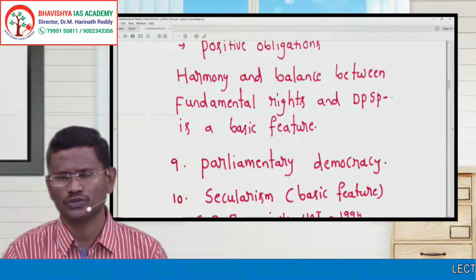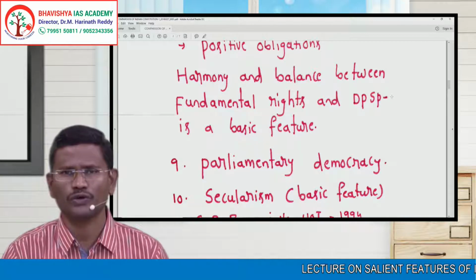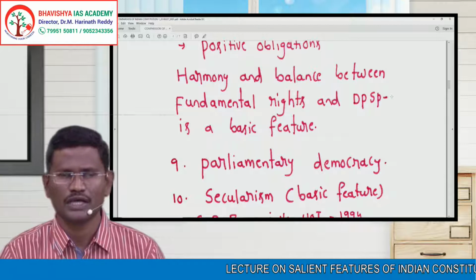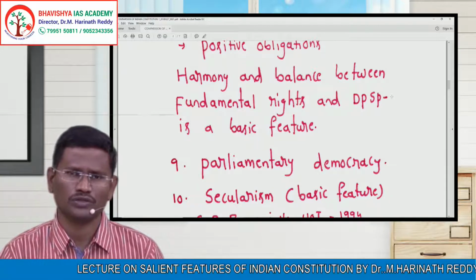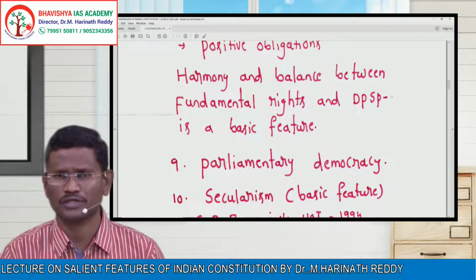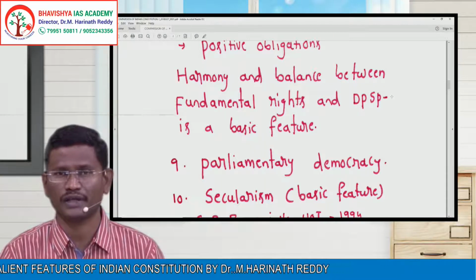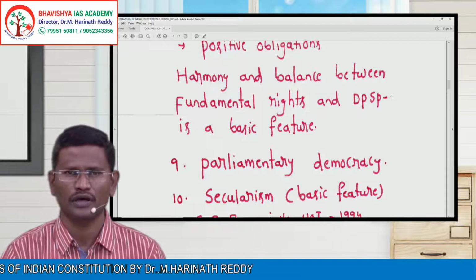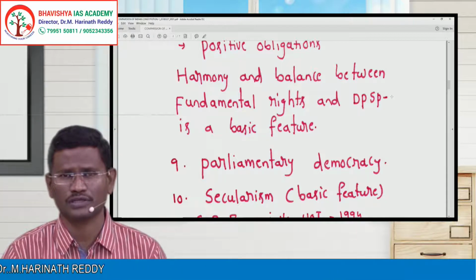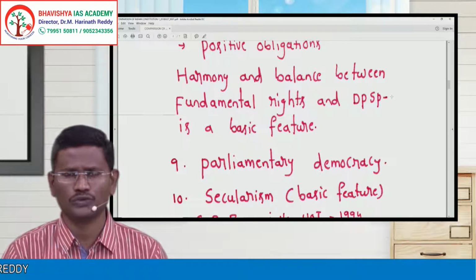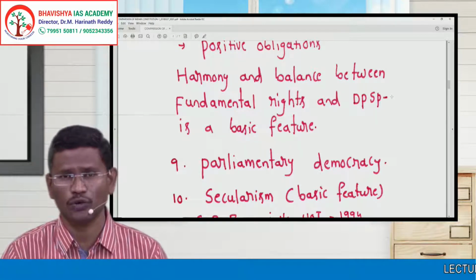See, the Indian Constitution provides for parliamentary democracy not just because we were used to it. There are certain merits with parliamentary democracy. Remember, the Indian Constitution provides for parliamentary democracy, the American Constitution provides for presidential democracy. Then why did India choose parliamentary democracy? Why not presidential democracy? One reason is we are used to parliamentary democracy. That's not the only reason.